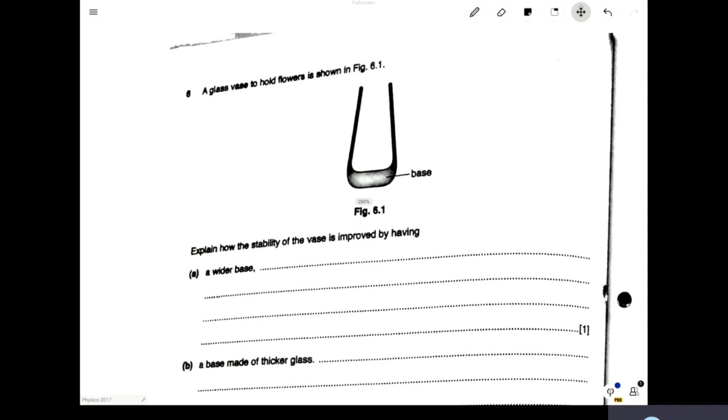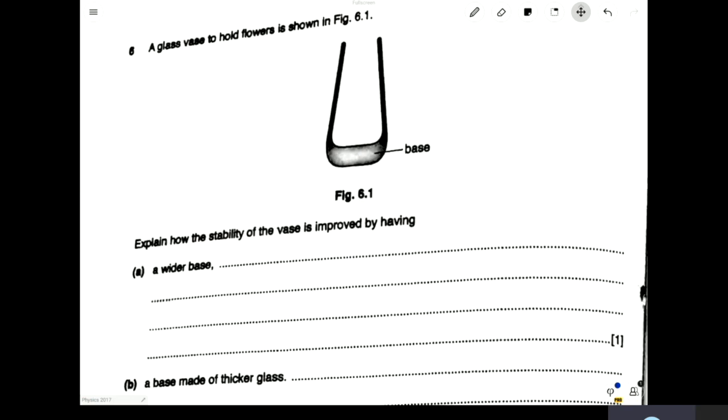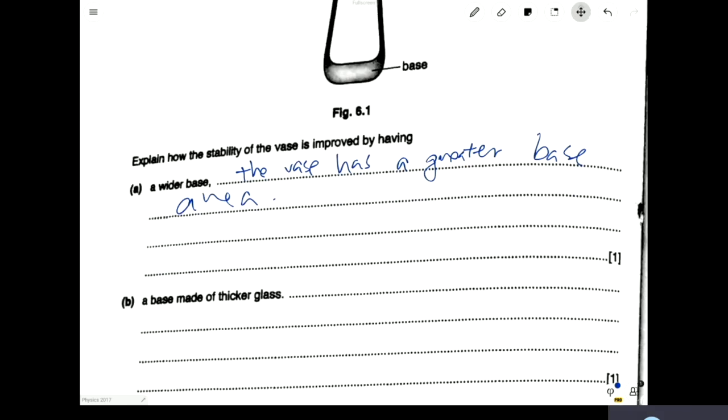Okay, explain how the stability of the bars is improved by having a wider base. I love this type of question. This side is also a giveaway, right? So why is it that when you have a wider base, the bars have a greater base area, more surface.